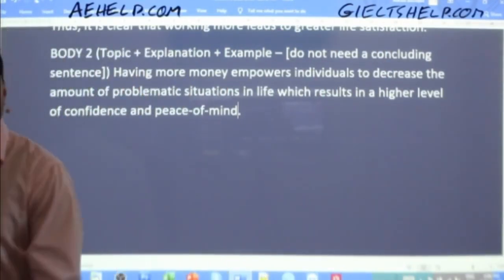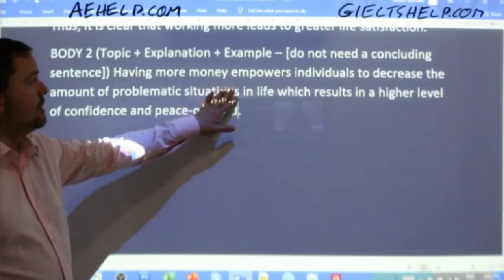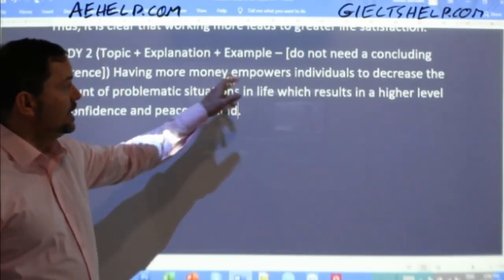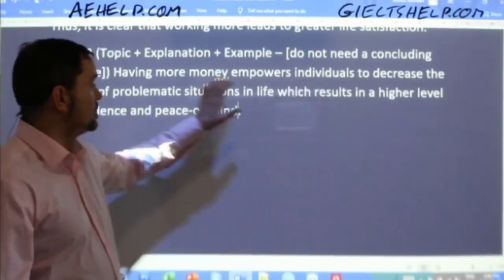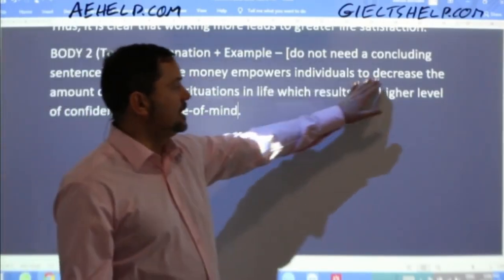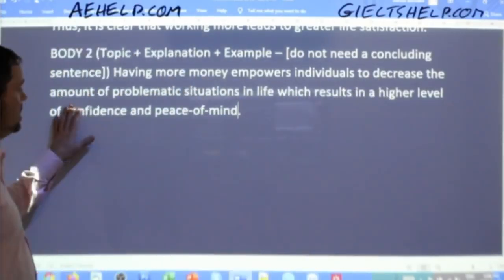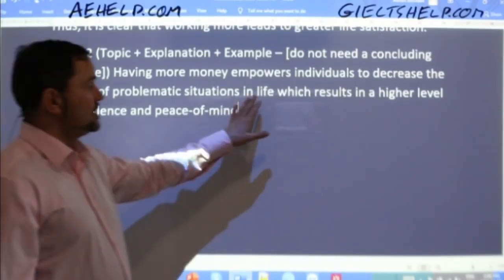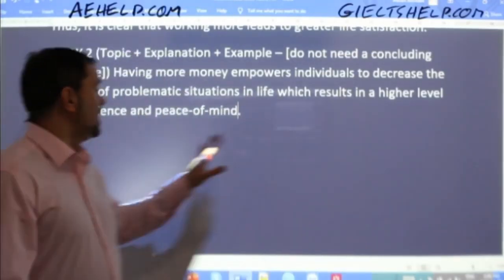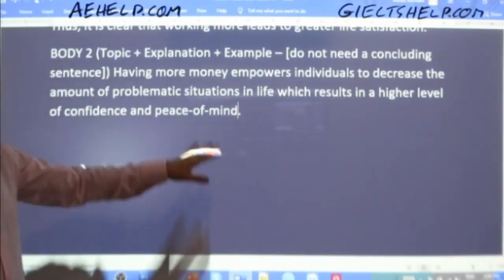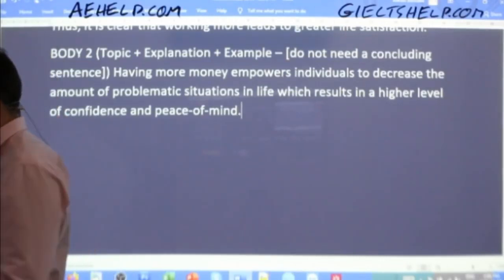Okay? All right, here's my topic sentence. Having more money empowers. So money gives power to individuals. Having more money empowers individuals to decrease the amount of problematic situations in life, which result in a higher level of confidence and peace of mind.